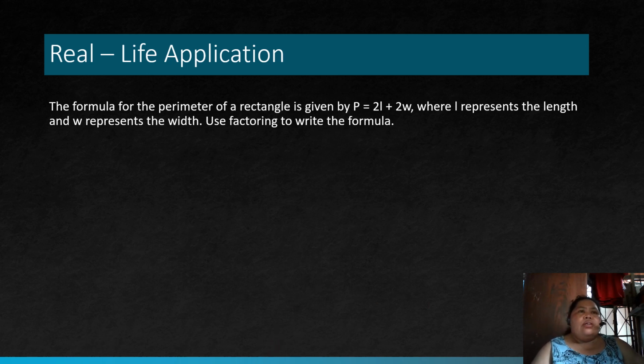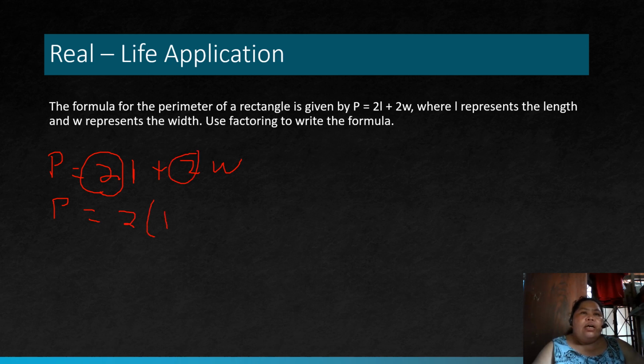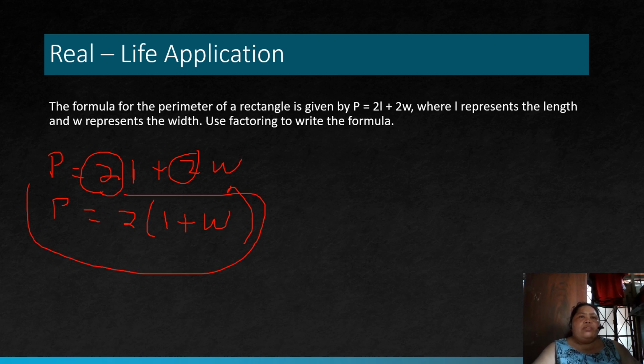To do that, all you have to do is get the GCF. The GCF is 2. So we have 2 times (L plus W). This is the formula for finding the perimeter of a certain rectangle.